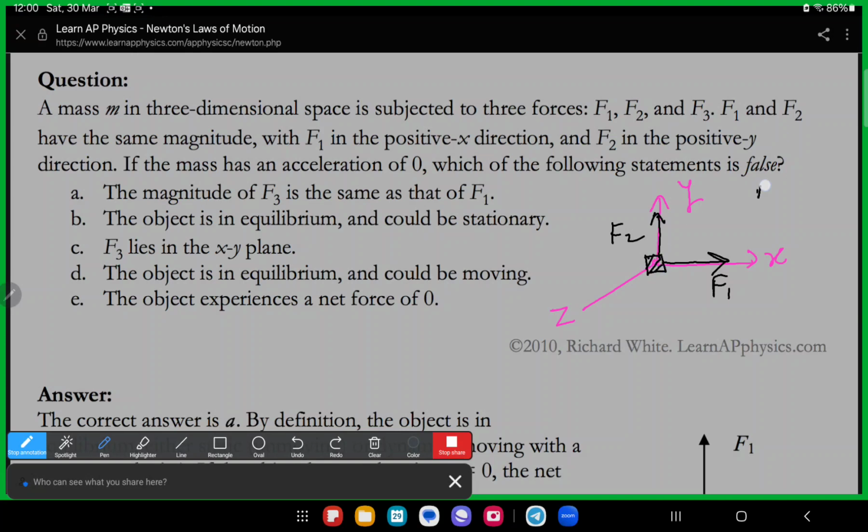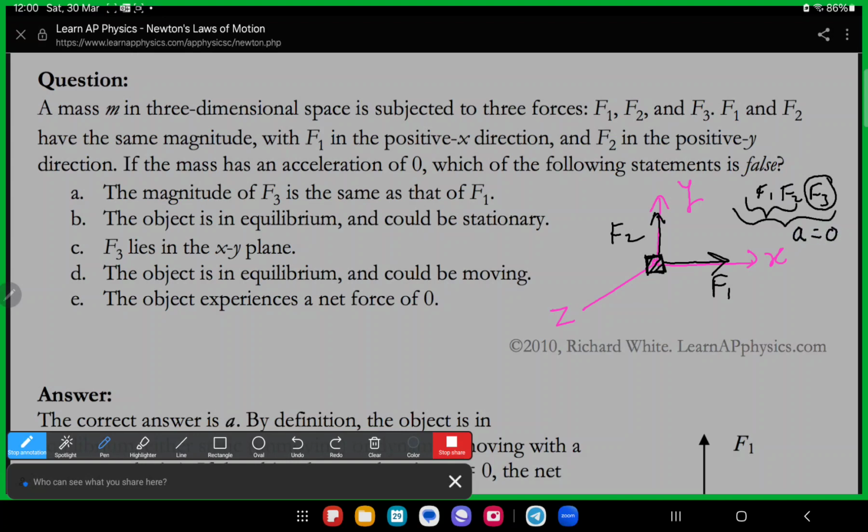They have given F1, F2, F3, and we have information of F1, F2 acting on mass M, and we don't know where F3 will be placed, so that the acceleration of the whole system will be 0.